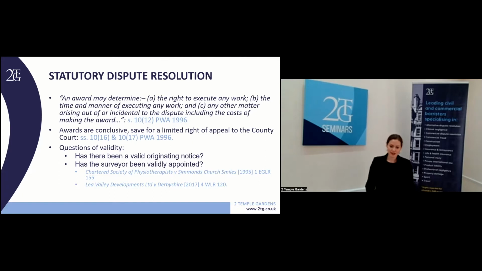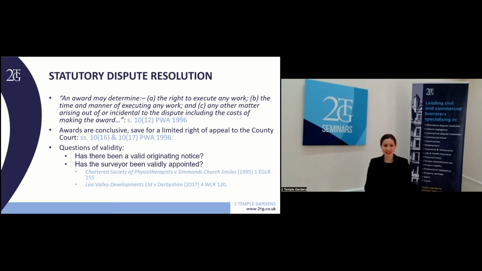Now, in the first of these instances, it's reasonably clear to me, although there is no direct authority either way, so scope for argument, that the surveyor can determine the validity of an originating notice. At the end of the day, the surveyor's job is determining whether or not a building owner should be permitted to carry out the works that they propose.